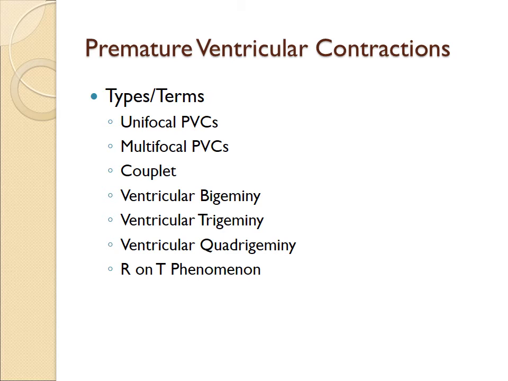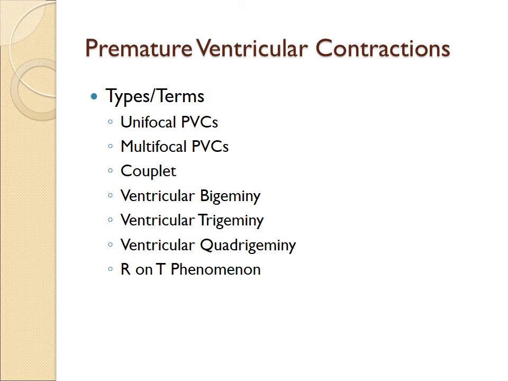And then the R on T phenomena you will hear. This is where there is an early ventricular beat at this time during the R on T in the waveform that would put the heart into ventricular tachycardia. So that's a very dangerous time.